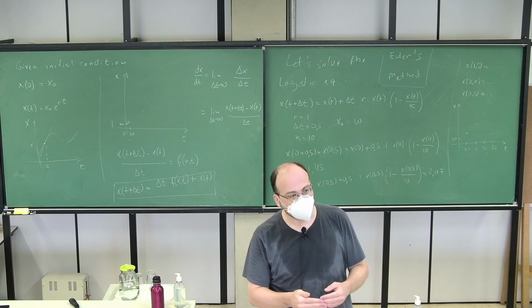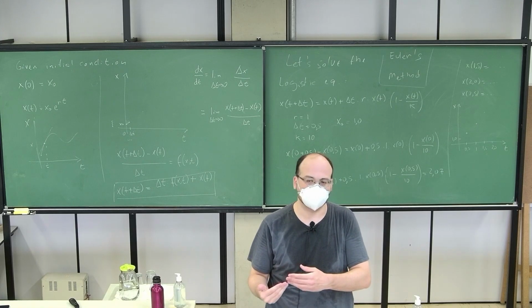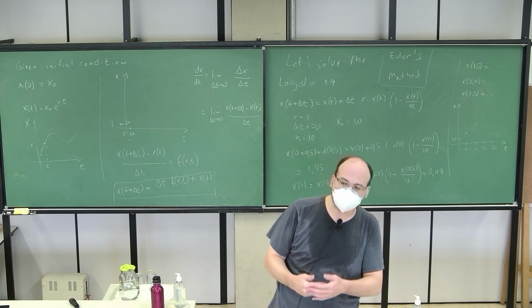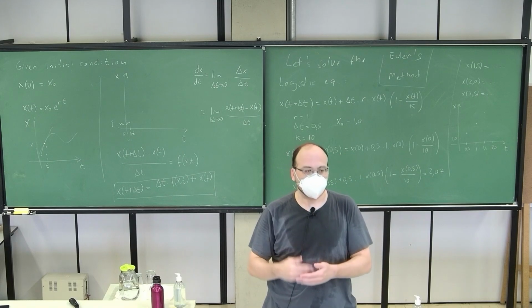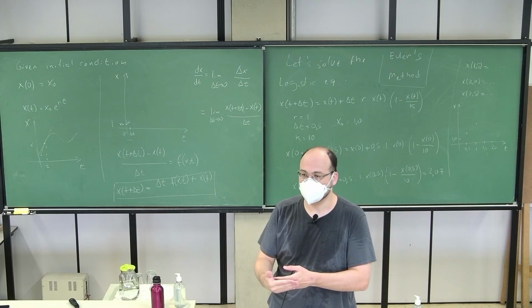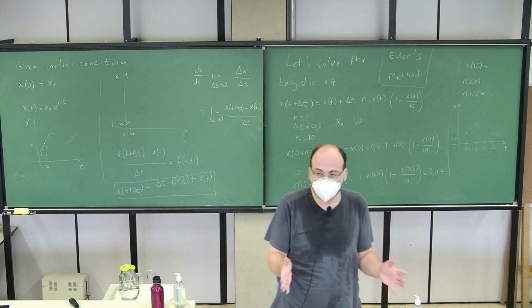And then I check if it still gives me an error that is larger than my tolerance. If it is too large, what do I do? I decrease the step once again. And I keep taking smaller and smaller steps until I'm inside the right tolerance.